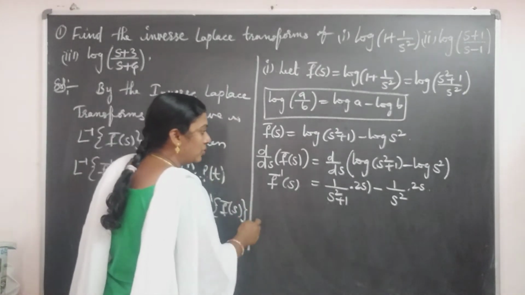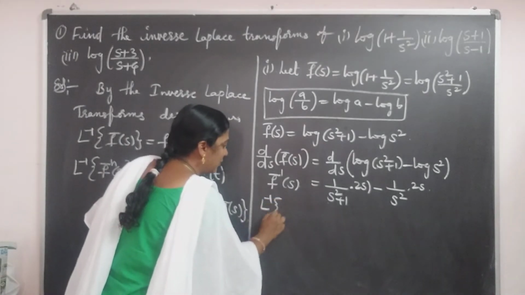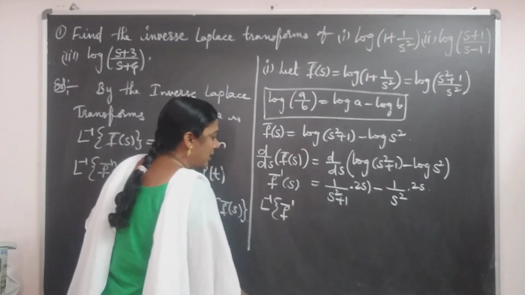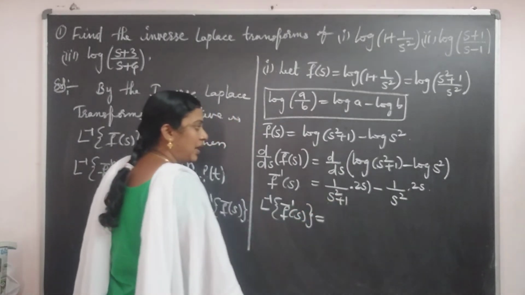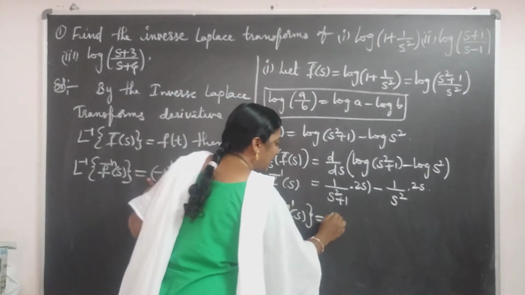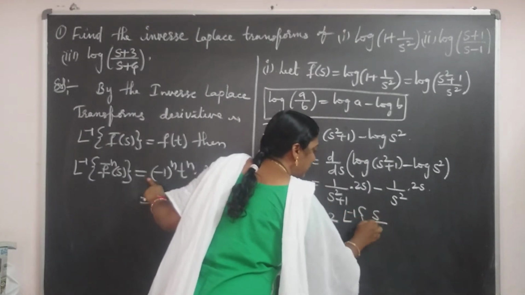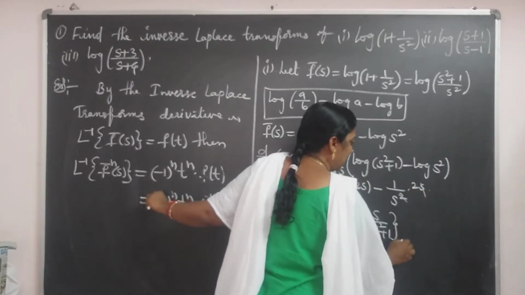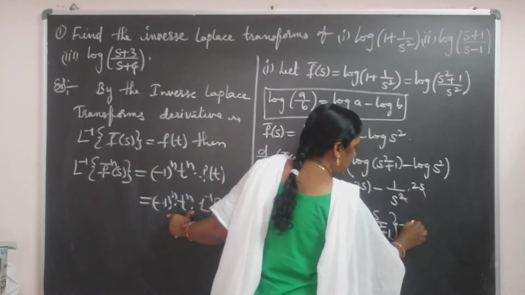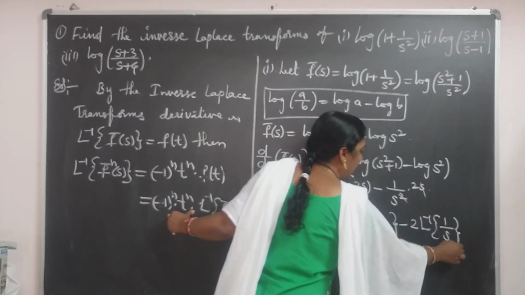Now we take the inverse Laplace transform on both sides, that is L inverse of f bar dash of s is equal to, by applying the linearity property and taking 2 outside, L inverse of s by s square plus 1 (the s gets cancelled), minus 2 L inverse of 1 by s.